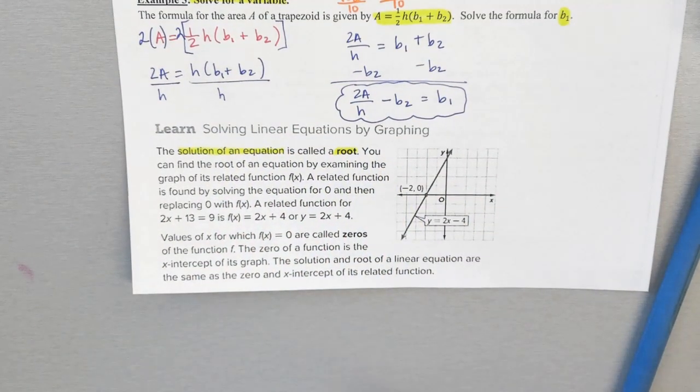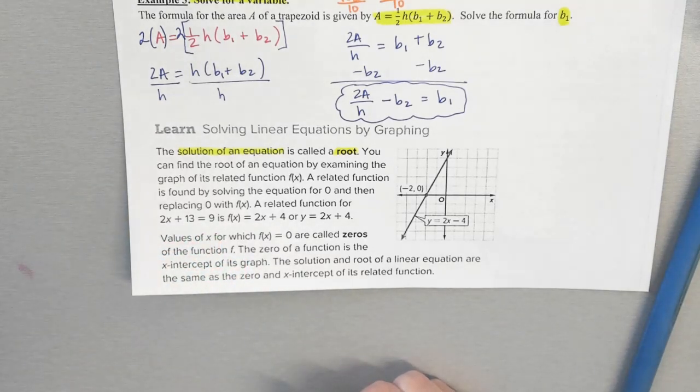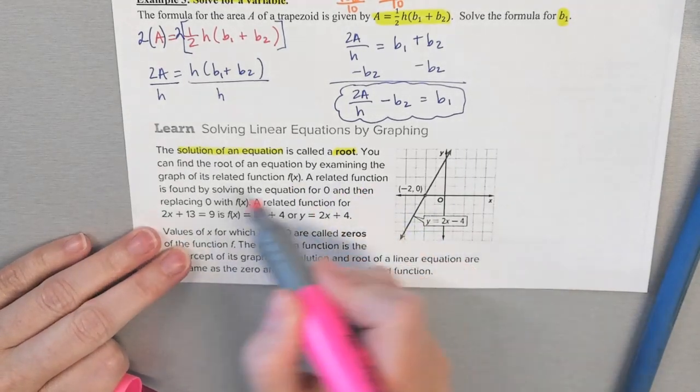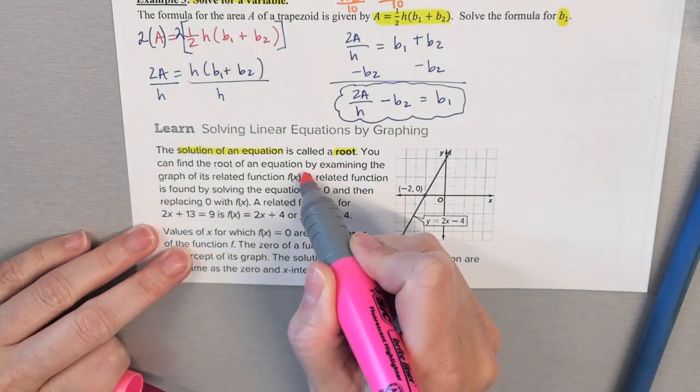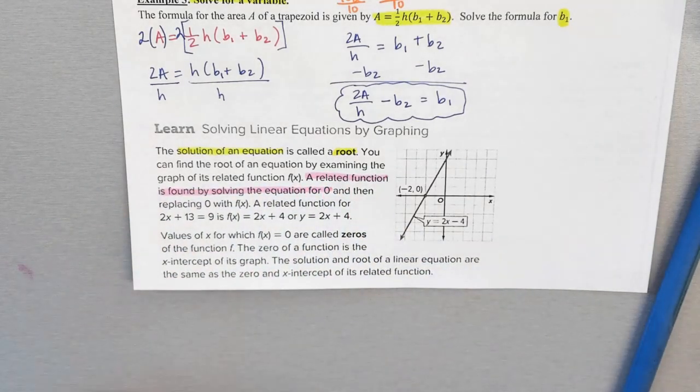And you can find that by examining the graph. We're also going to be finding related equations today. And the related equation is found by solving the equation for 0. So this is something we're going to use today. Okay, so a related function can be found by solving the equation for 0.